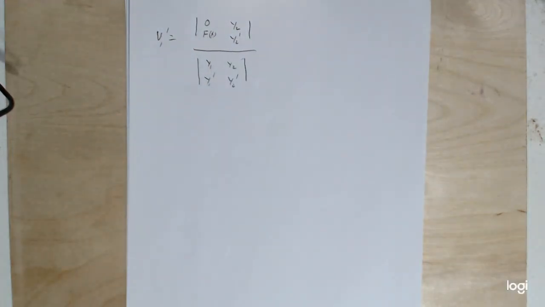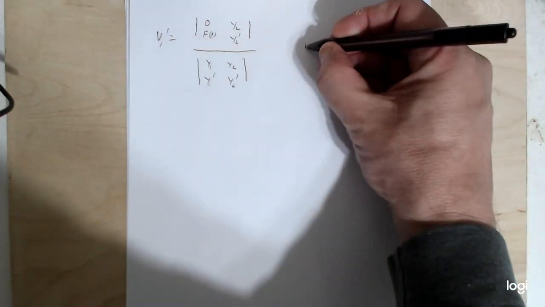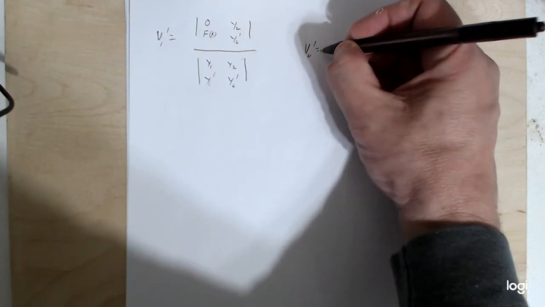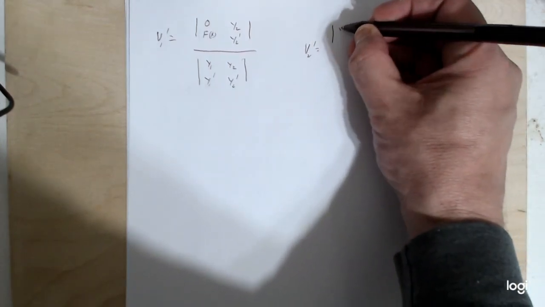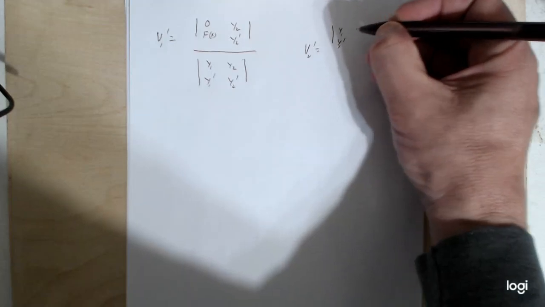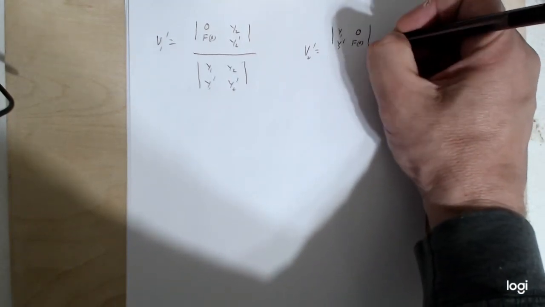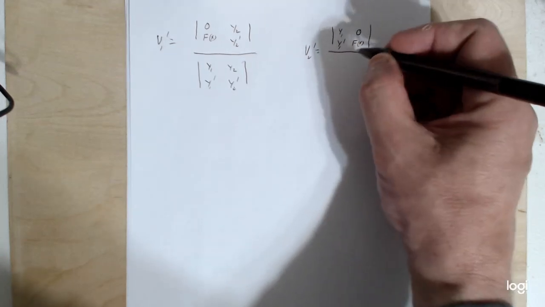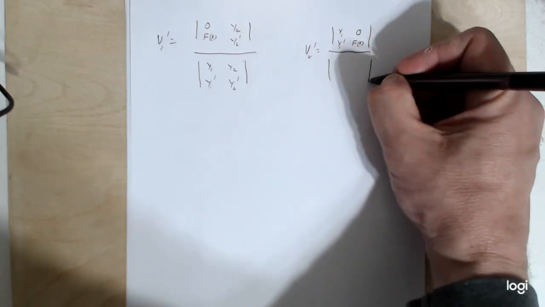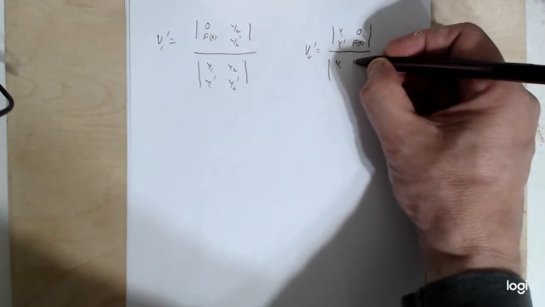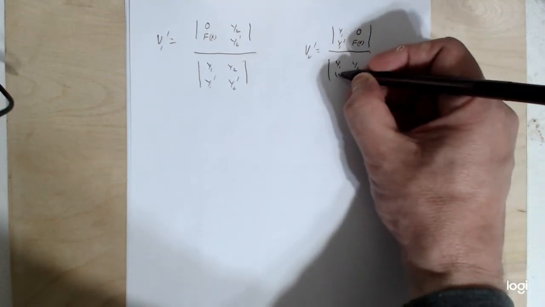Okay, where y1 and y2 are the functions out of your complementary solution. v2 prime is going to be y1, y1 prime in the first column and our 0, f of x in the second column. And then, again, our Wronskian down in the denominator.